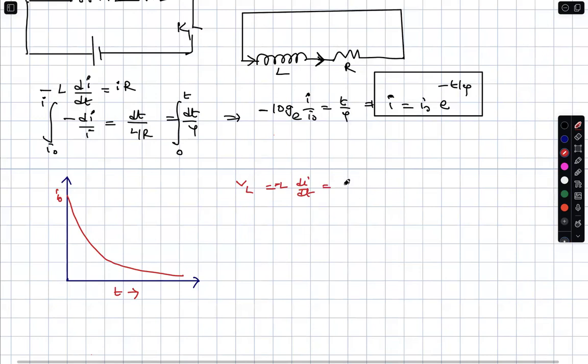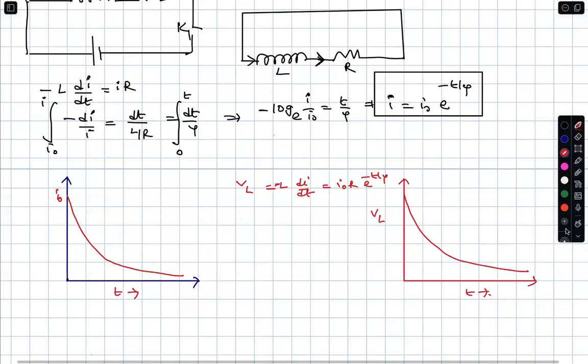So even you will face the same situation: I naught R e to the power of minus t by tau, which means the graph for the potential drop across the inductor or resistor, whatever it is, is also like this only.